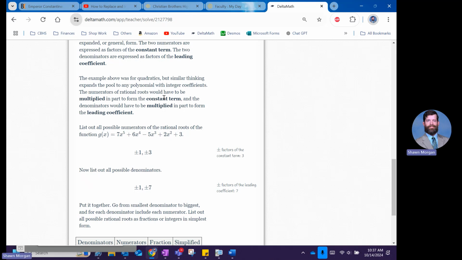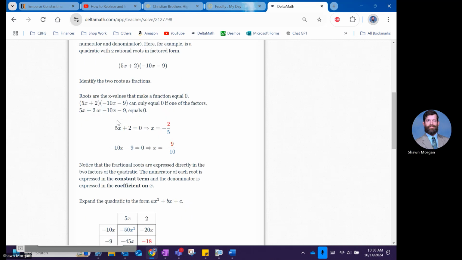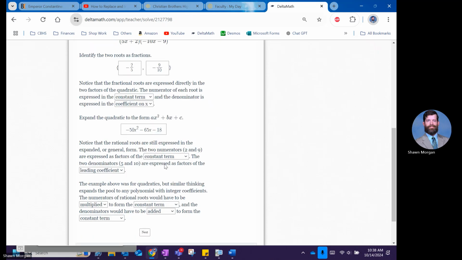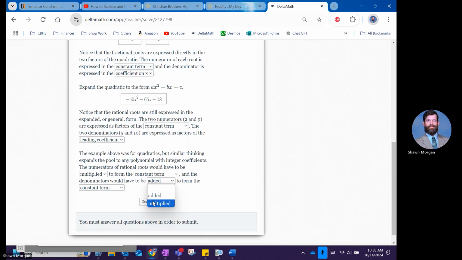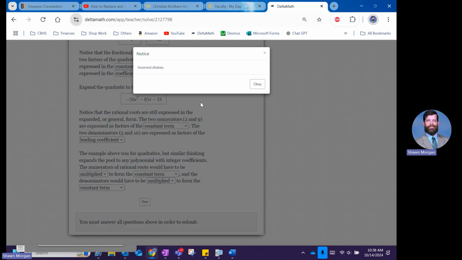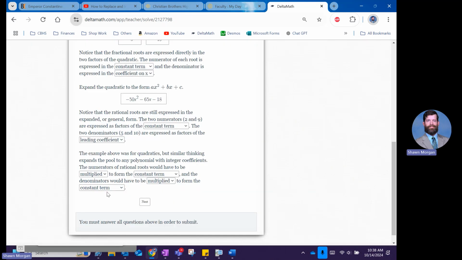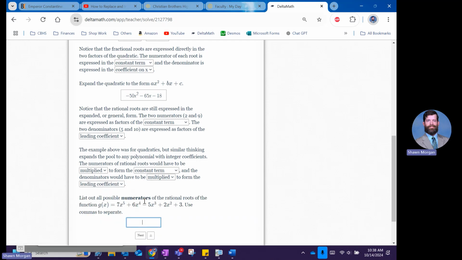I liked this better when I was assigning it because it made sense then. The numerators of rational roots would have to be multiplied to form the constant term. And the denominators would have to be multiplied to form the. Did I not write that already? I did both multiplied. Denominators have to be multiplied to form the constant term. Oh, because I'm an idiot. Good gravy. I already did constant term. I did constant term twice.